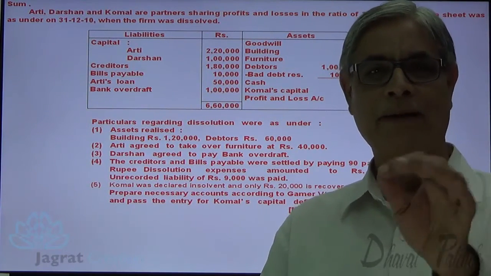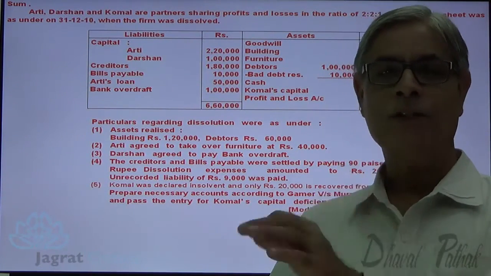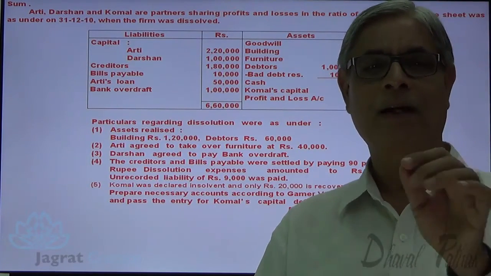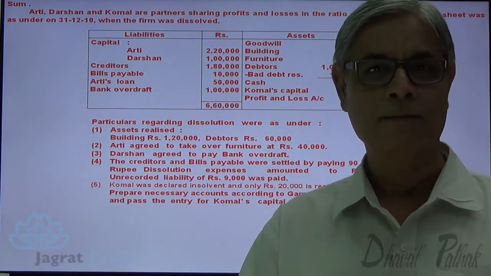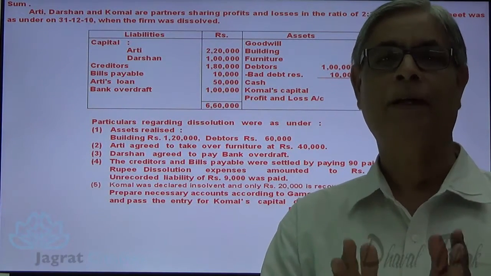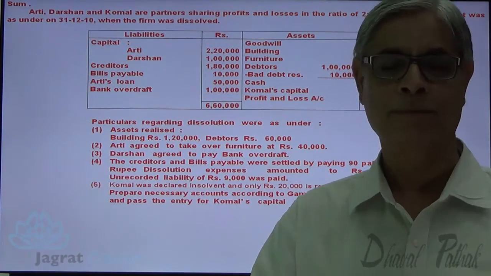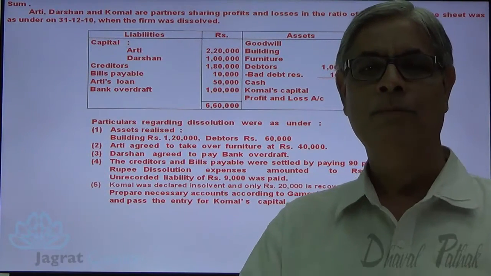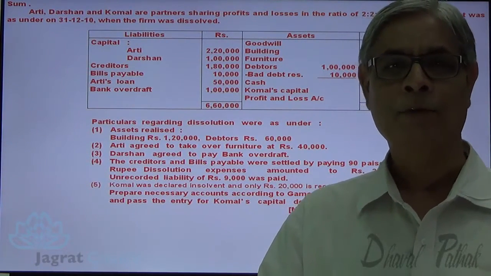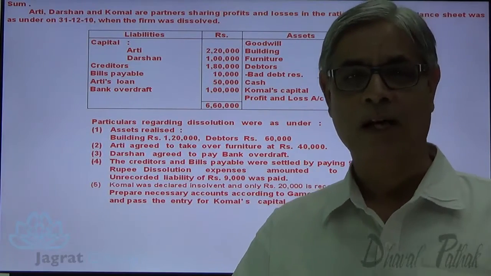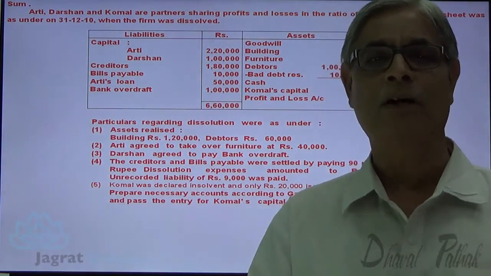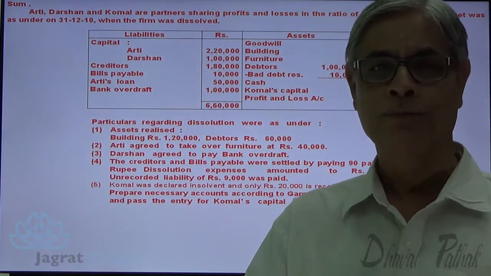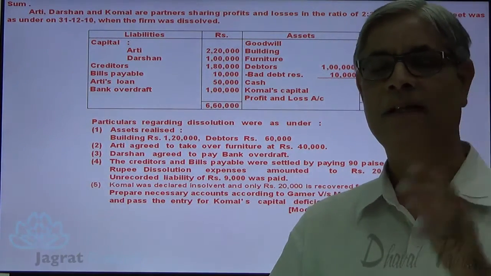Find out the capital deficit of an insolvent partner. And that capital deficit of an insolvent partner will be distributed among solvent partners in the ratio of capital that existed on the date of dissolution. Over and above, one more suggestion made by Justice Joyce in the decision of Garner versus Murray is that the solvent partners are required to bring cash equivalent to realization loss sustained by them.